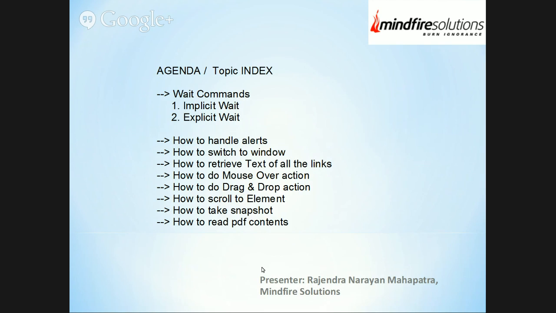So how to switch to that new window, and how to retrieve text of all the links, by using the list concept, how to retrieve all the link text and how to click each and every link. Then we will go for how to do mouse over action, how to drag and drop, how to scroll to element, how to take snapshot in Selenium WebDriver, and how to read PDF contents.